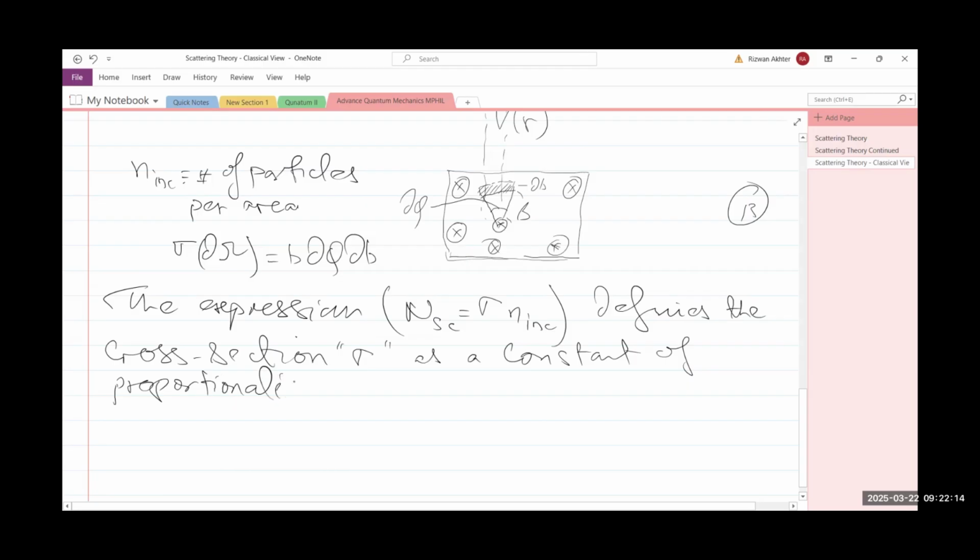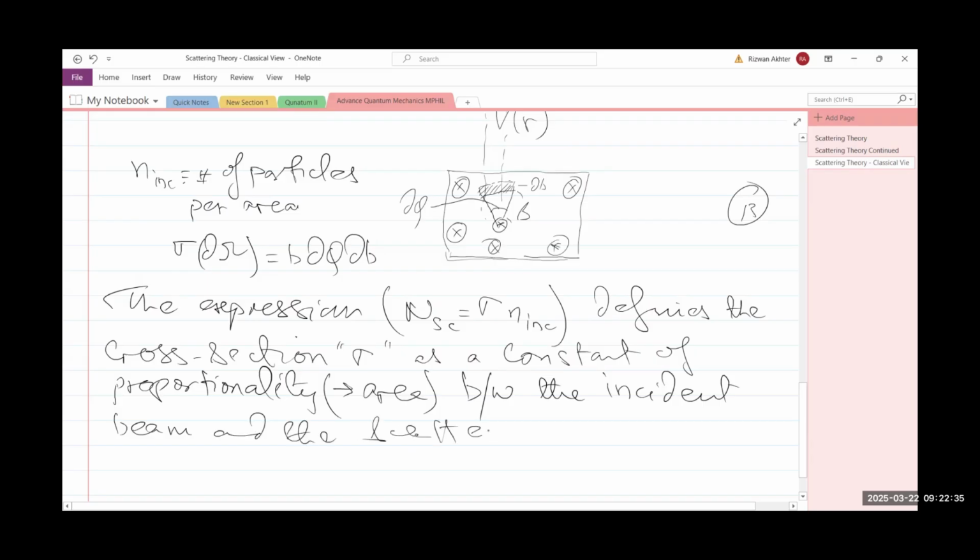And this constant of proportionality is in fact the area of the target system between the incident beam and the scattered beam. So this is the mathematical description of this cross section, and this cross section basically would characterize the properties of interaction between the projectile and the target.